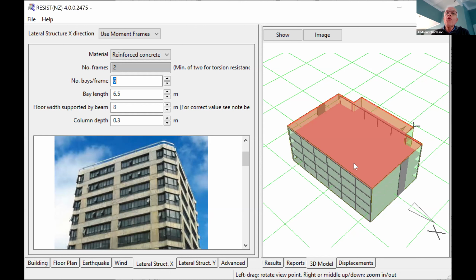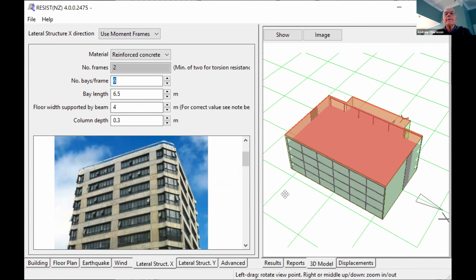Well, that means about 4 meters will be supported by these beams. So the floor width supported by this beam is going to be about 4 meters. So I've got to change that to make this more accurate. 4 meters.